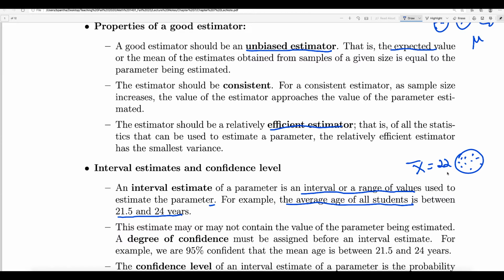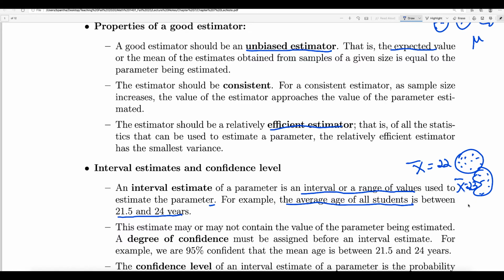Why? Because you got this sample mean from the sample you picked. If you pick a different sample, you may get x bar equals 23. You never know, because when you pick the sample, it is affected by so many things. So this value may not give you a 100% accurate estimate for the population mean.